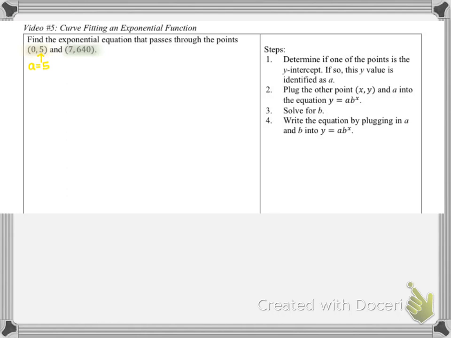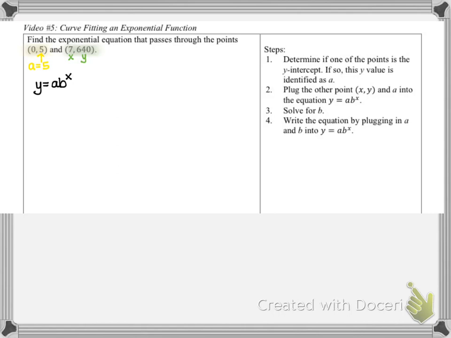Now, if I look at the other point here, I have just an x and a y. Nothing too special here, but I am going to use them. So I'm going to start with the general equation, y equals ab to the x, and I'm going to plug everybody in where they go.